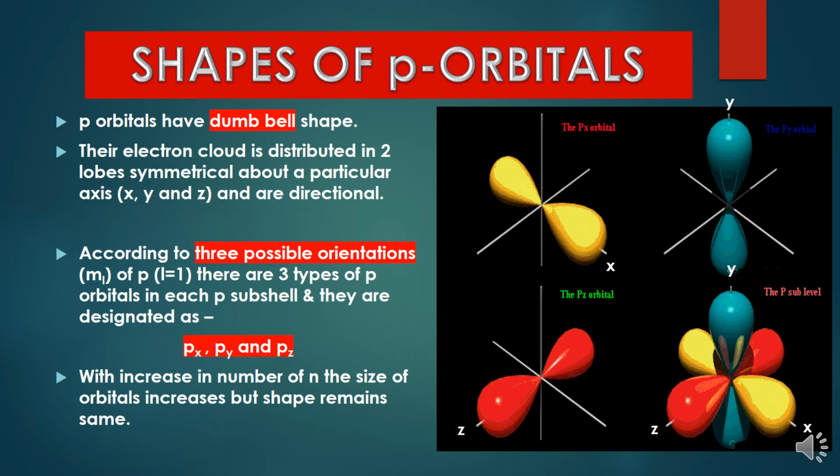So these are the shapes, or the probable regions where the electron finding probability is maximum. अभी तो हम ये 2p की shape देख रहे हैं, if we go to 3p, then again the size will increase but the shape will remain the same. So for every type of orbital, with an increase in principal quantum number, size increases.